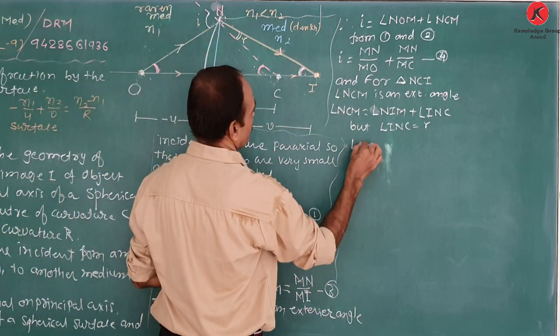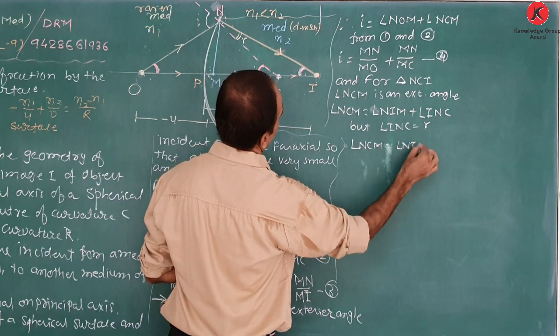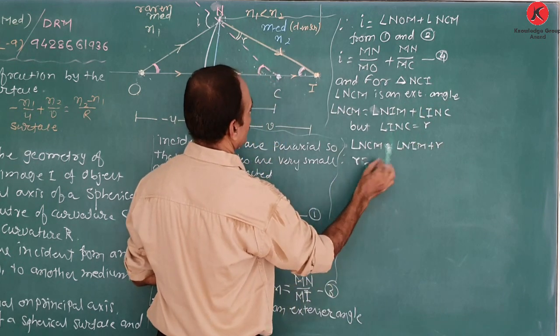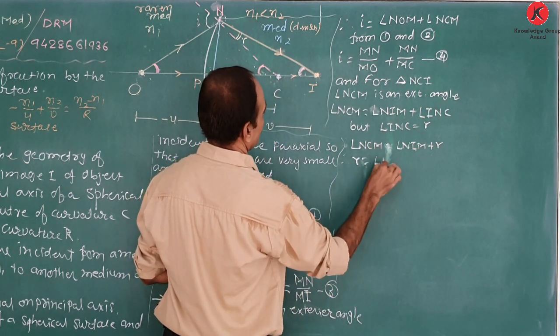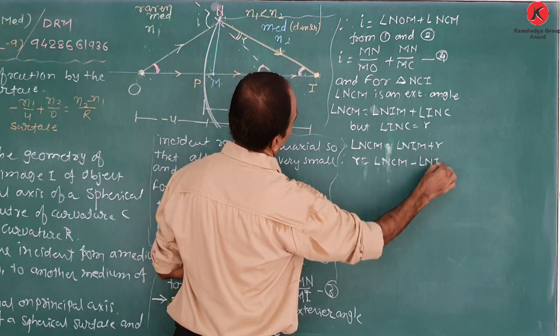Substitute here. Therefore, angle NCM is equal to angle NIM plus r. Therefore, r is equal to angle NCM minus angle NIM.